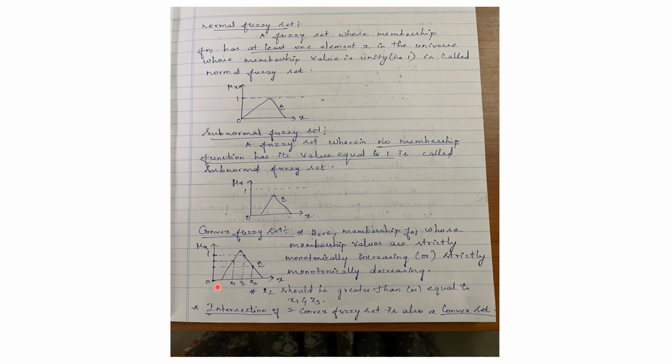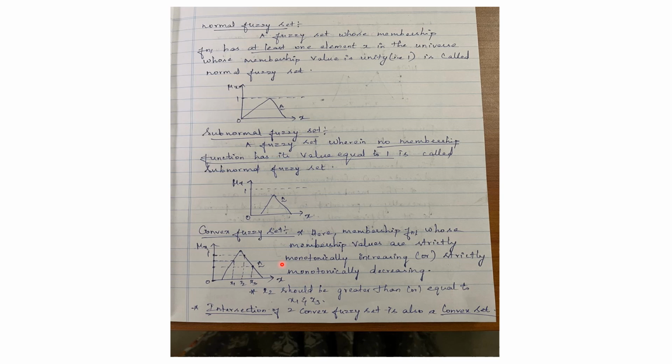Initially the first value of a set has the membership value 0.1, then the second value has 0.2, then the third value 0.4, then the fourth value 0.6, like that. The membership value should be strictly increasing, or it can be decreasing. That type of concept is called convex fuzzy set.